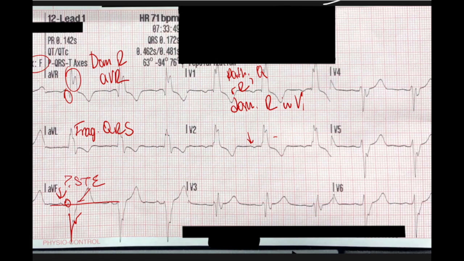We have a P wave. We have some slurring, so delta wave. Again, we have an R prime complex. Maybe a little bit of ST depression. And we have some T wave inversions in V2.